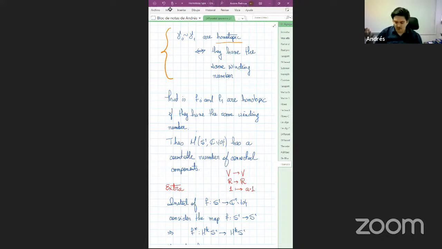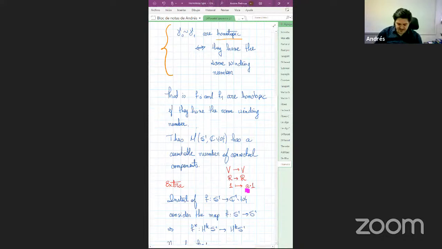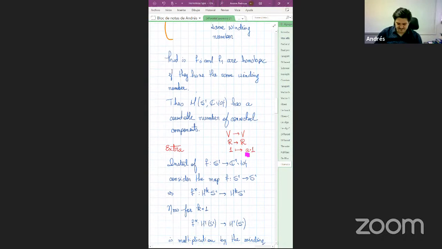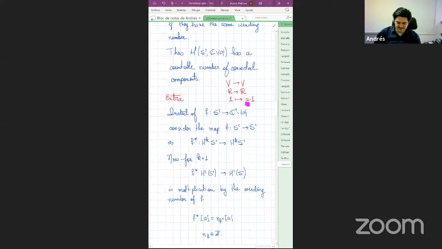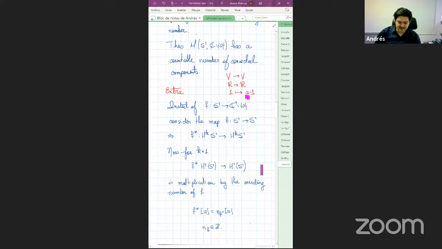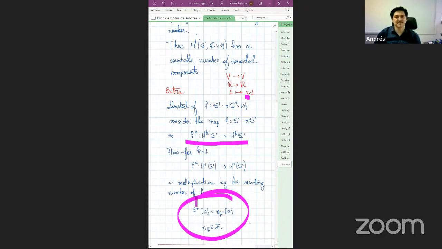I want to know the value of the real number A. And in this case, when k equals 1, this is just multiplication by the winding number of f. So that's in degree 1, this map is this.